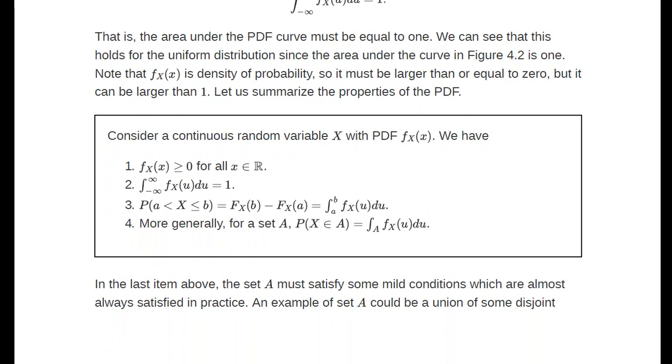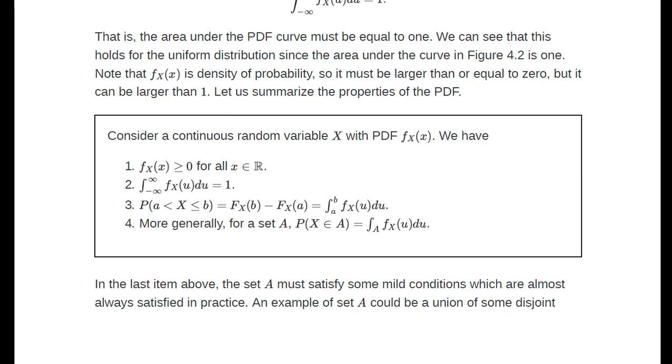Number 3, the probability of X between a and b equals F_X(b) minus F_X(a), which is equal to the integral from a to b of f_X(u) du. Number 4, more generally, for a set A, the probability of X in A equals the integral over A of f_X(u) du.